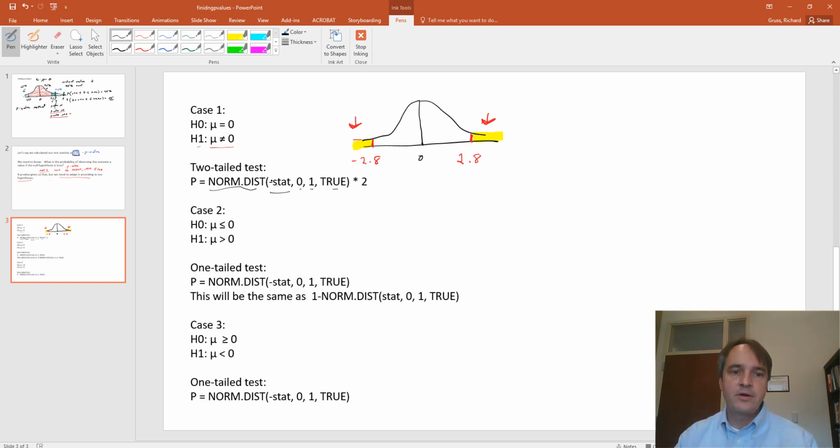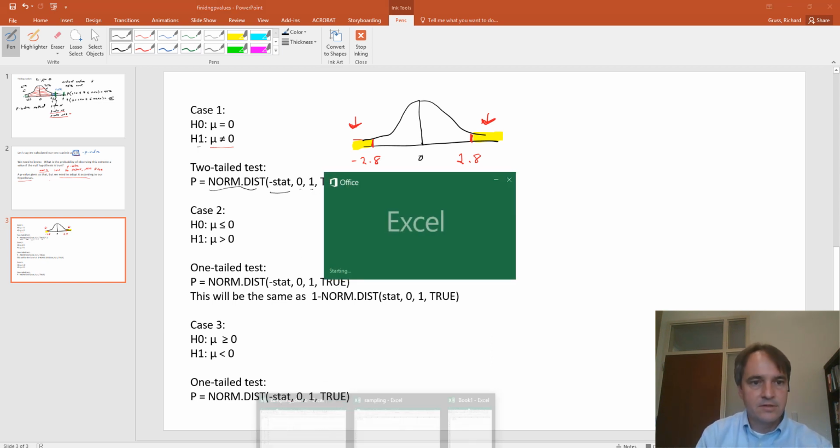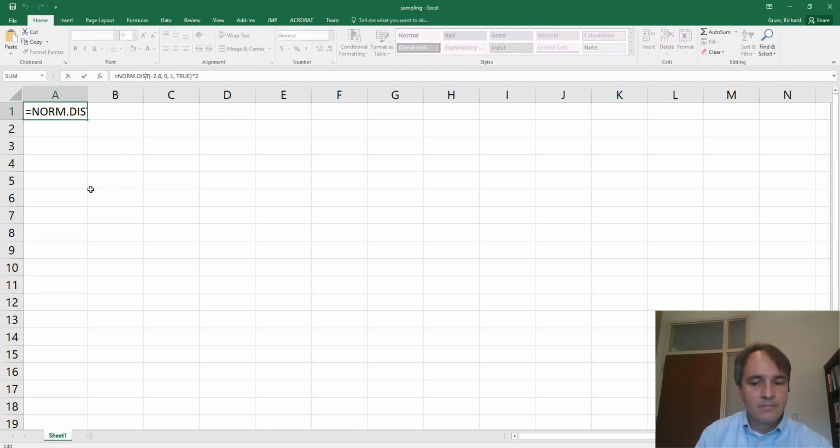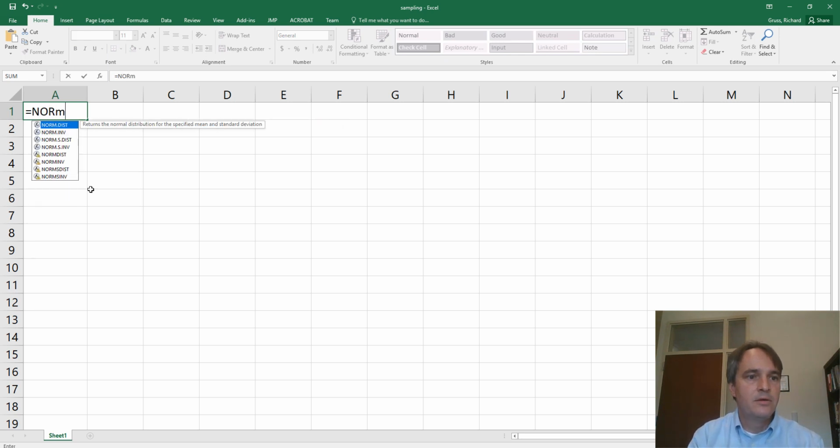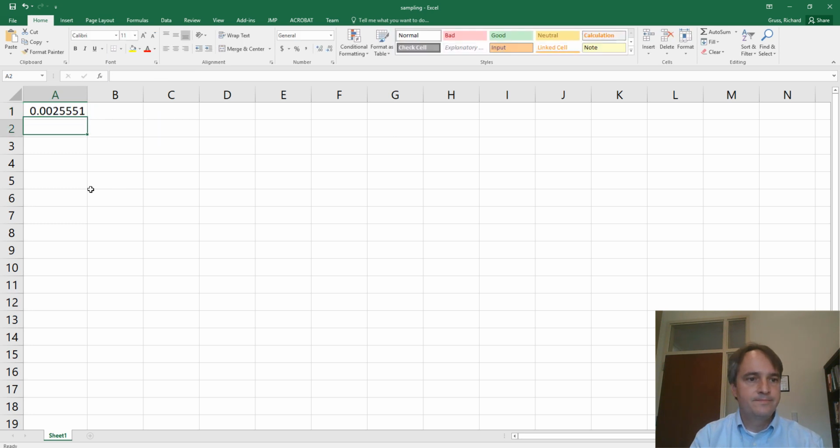Okay, so let's figure out what's the p-value of 2.8 for a two-tailed test. I'll just go directly to Excel and do this. So it's going to be norm dist. The x value is negative 2.8, mean 0, standard deviation of 1, and true.